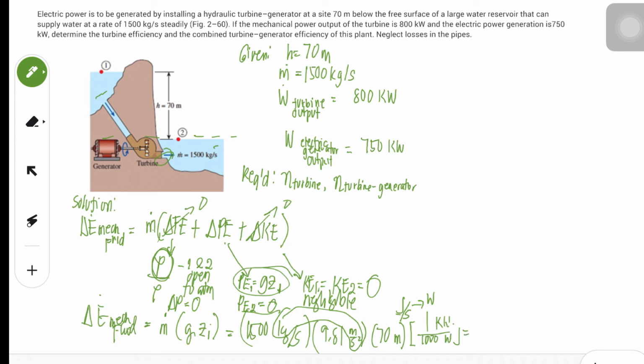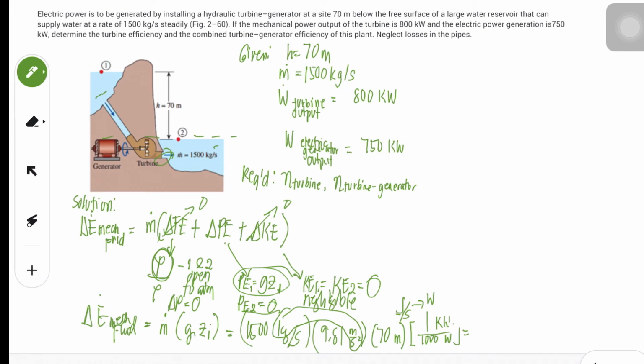So the total mechanical energy of the fluid is 1,500 times 9.81 times 70. We divide it by 1,000 to convert it into kilowatt.